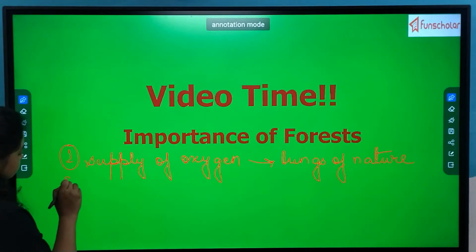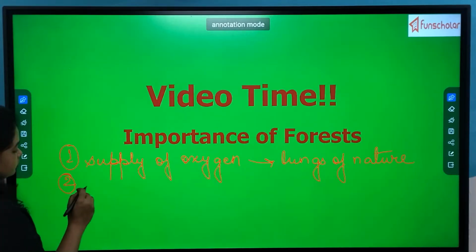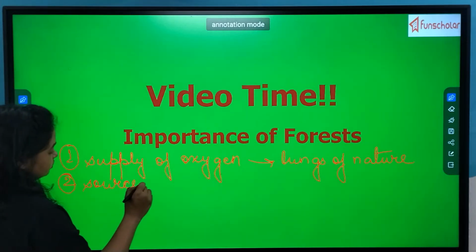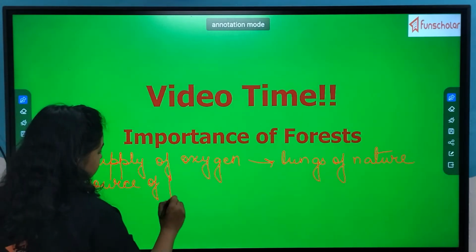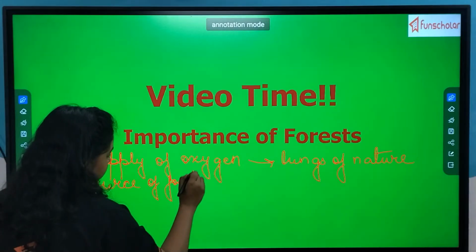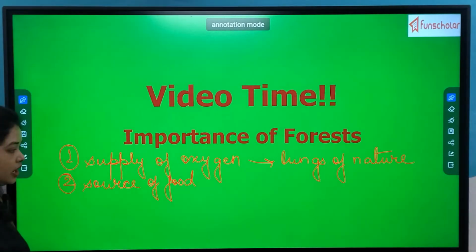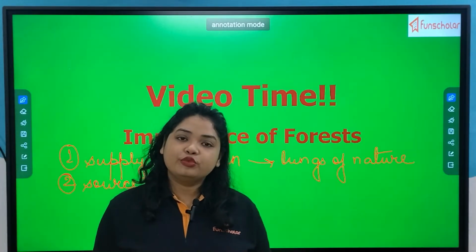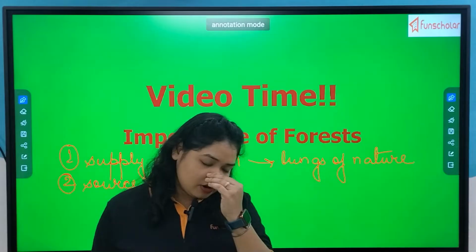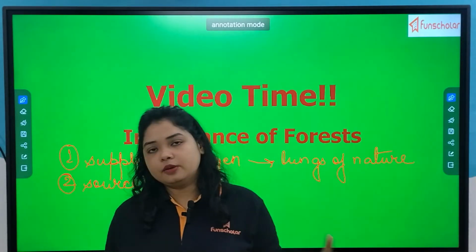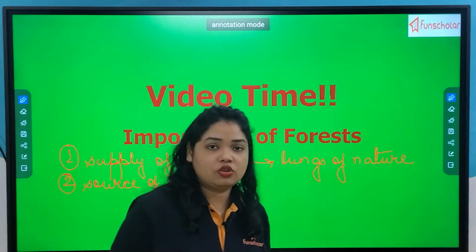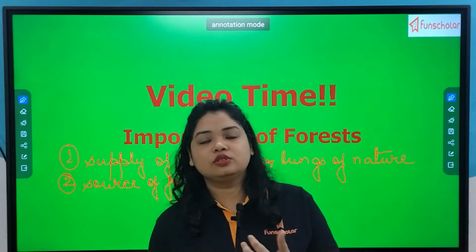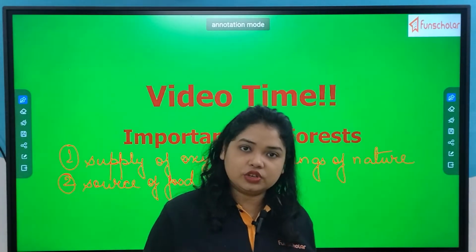Secondly, source of food. Now, we cannot convert the inorganic substances such as the carbon dioxide or water or sunlight into organic food, that is glucose or any other sugar.